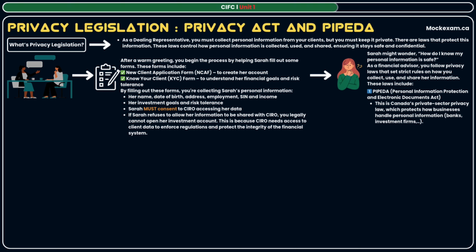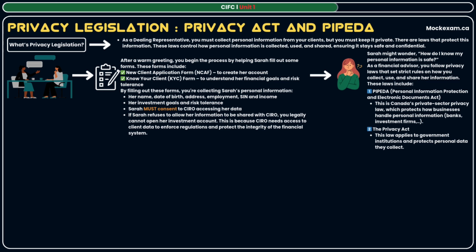Okay, the second law that is related to privacy of the client is the Privacy Act. This law applies to government institutions and protects personal data they collect. So PIPEDA was for private institutions like banks, investment firms, but the Privacy Act is for government institutions.